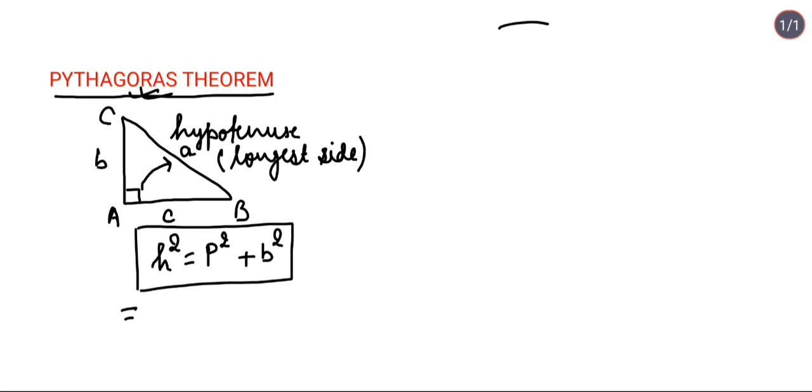Here we have considered the length of the hypotenuse is a, therefore a square is equal to perpendicular square plus base square. Let us consider the perpendicular length is b, so it will be b square plus the length of the base is c, so it will be c square. Okay, so this is how the Pythagoras theorem works.